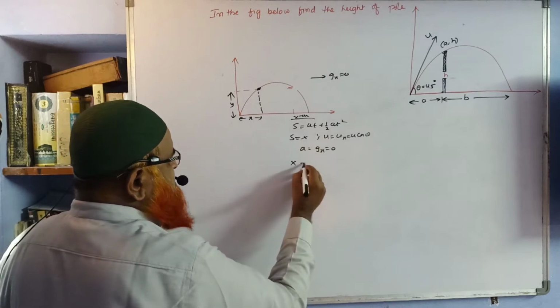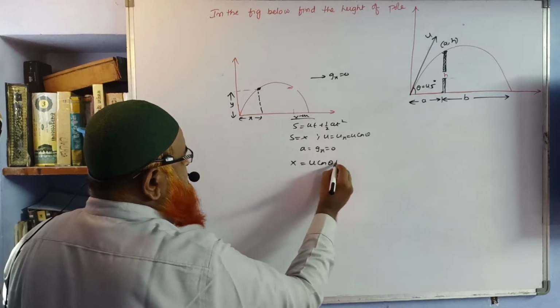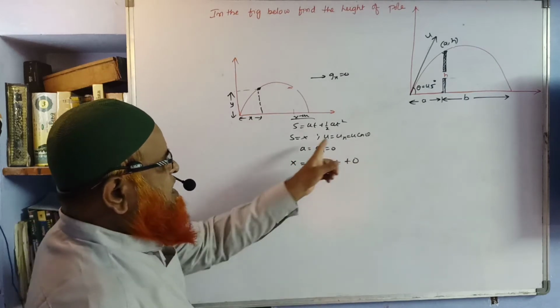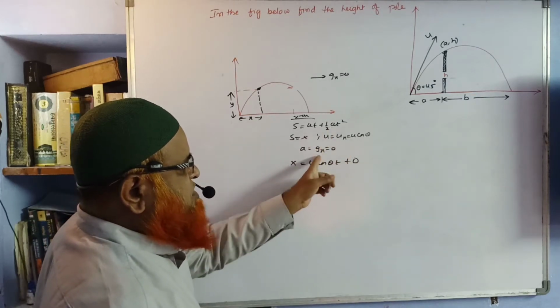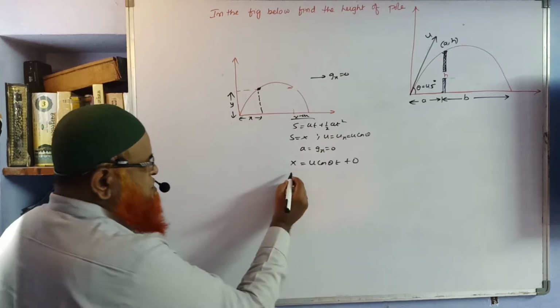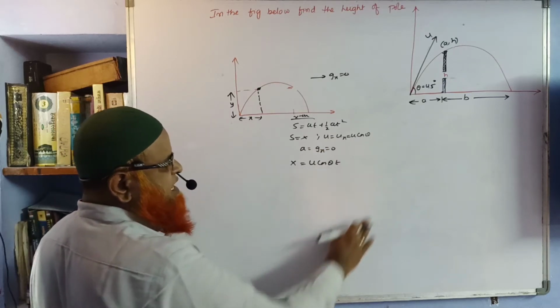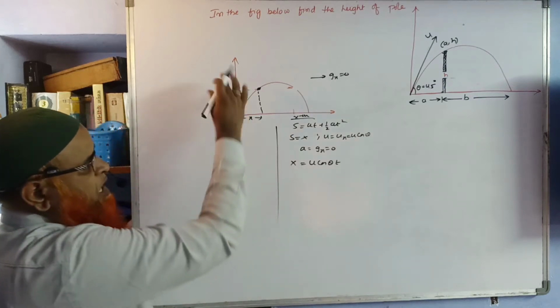So here you will write x = u cos θ · t, because u can be replaced with u cos θ, and this part is going to be 0 according to the problem. So we got x = u cos θ · t + 0, so no need to take this right part here. Now what is going to happen along the y-axis?